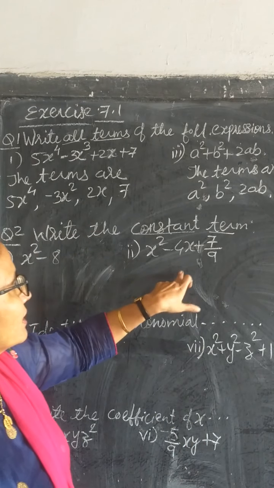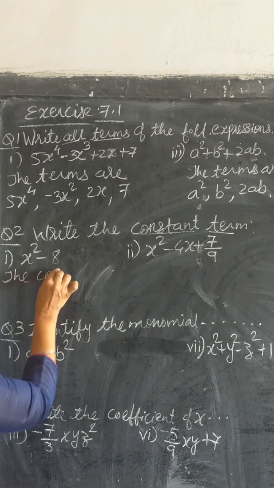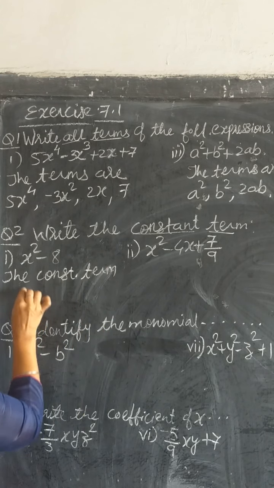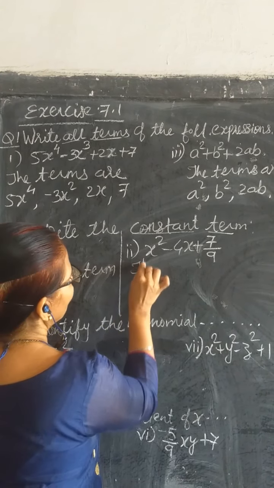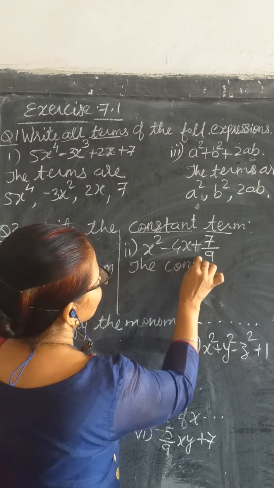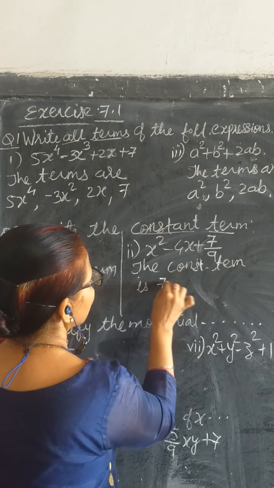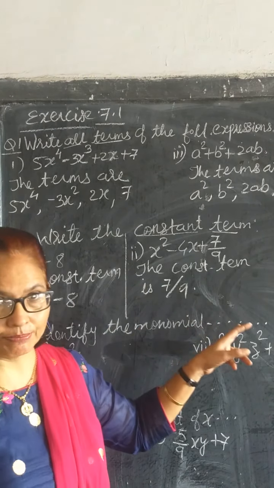So that's why it is called a constant term. So you will write the constant term is minus 8. And here also you can write the constant term is 7 by 9. And in this way you can solve the rest of the examples.